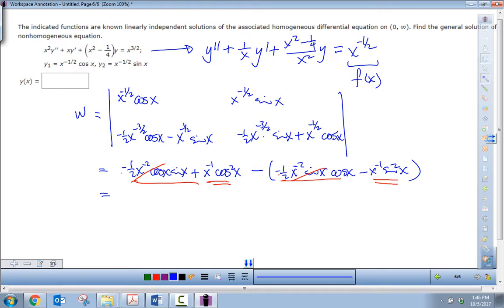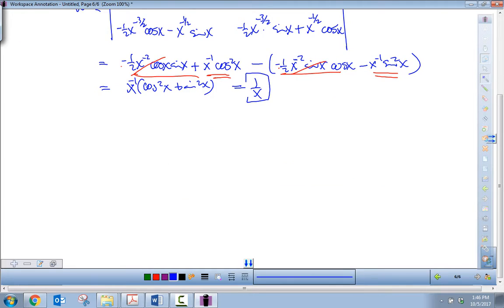So we can factor out a sine squared because this is a plus. We can factor out an x to the negative 1. We got sine squared x plus cosine squared x. So let me write that out, times x to the negative 1. So that's just 1 over x. Right? It's not too bad. So that's our Wronskian.